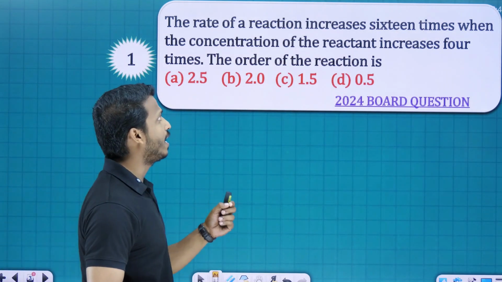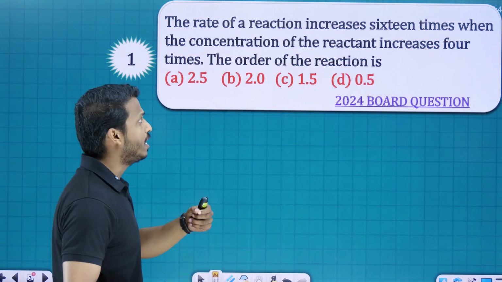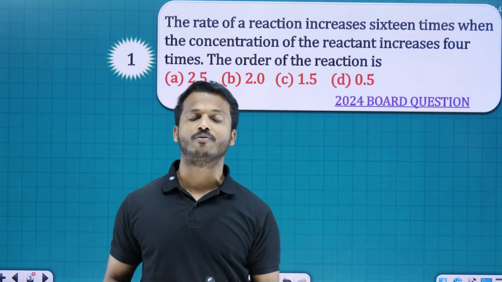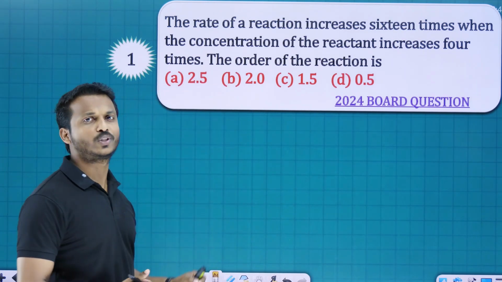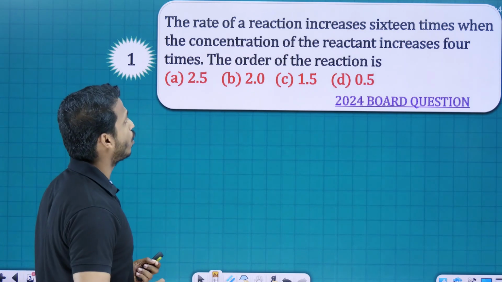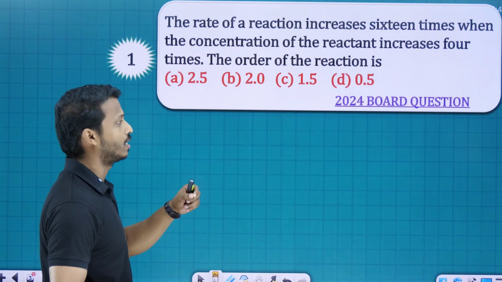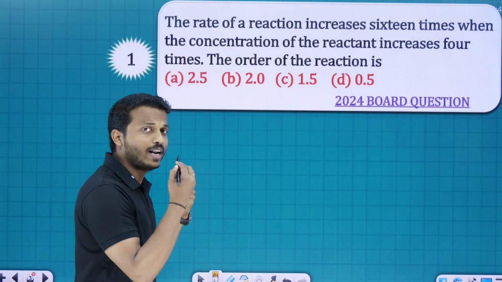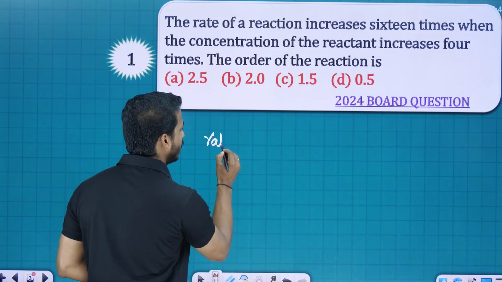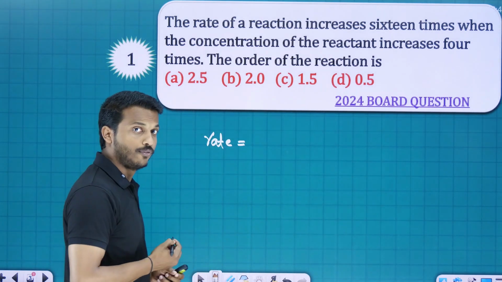The rate of a reaction increases 16 times. This is the 2024 board question. A simple question. Rate of a reaction increases 16 times when the concentration of the reactant increases 4 times. They didn't give any reaction here, so let me take a general reaction. Let me write the rate law first.